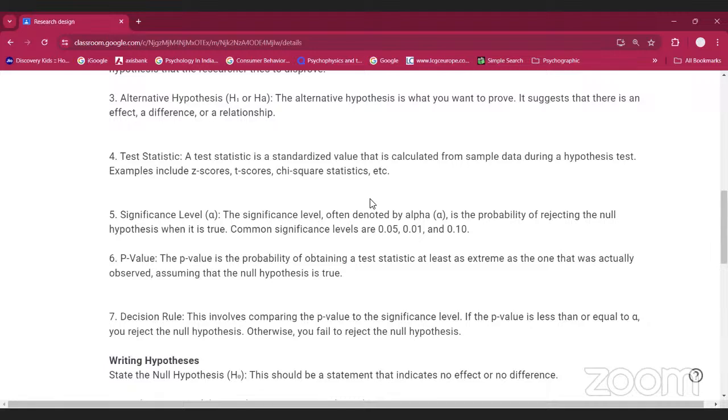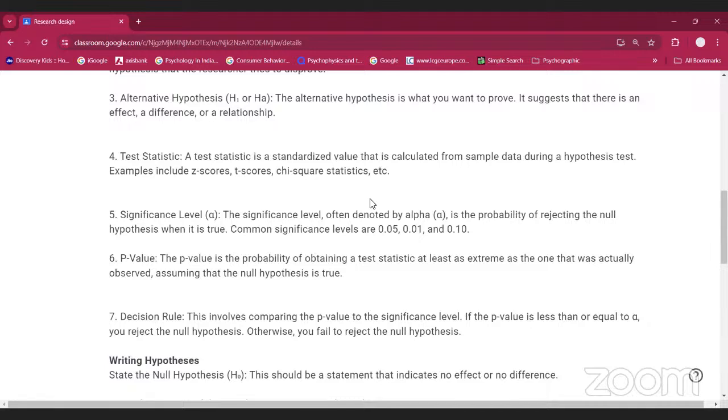P-value. The p-value is the probability of obtaining a test statistic at least as extreme as the one that was actually observed, assuming that the null hypothesis is true. Okay, so p-value means basically the probability value.